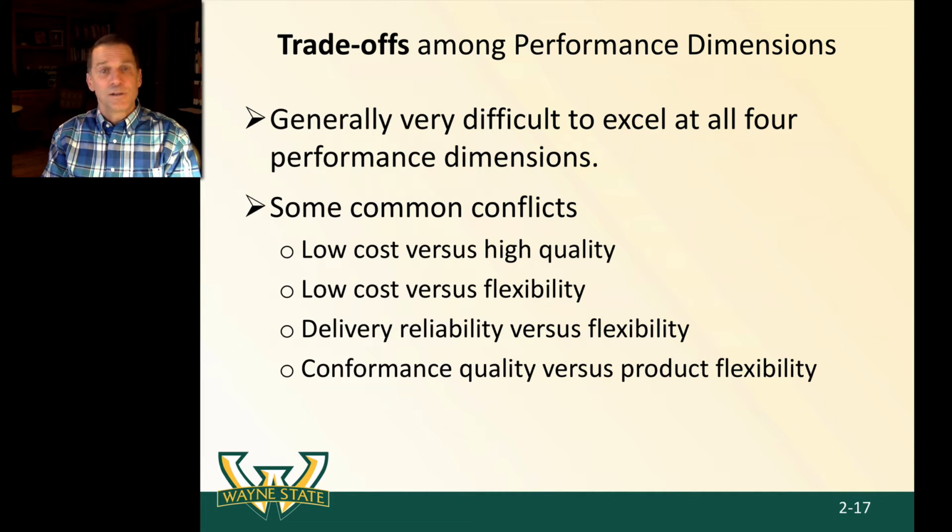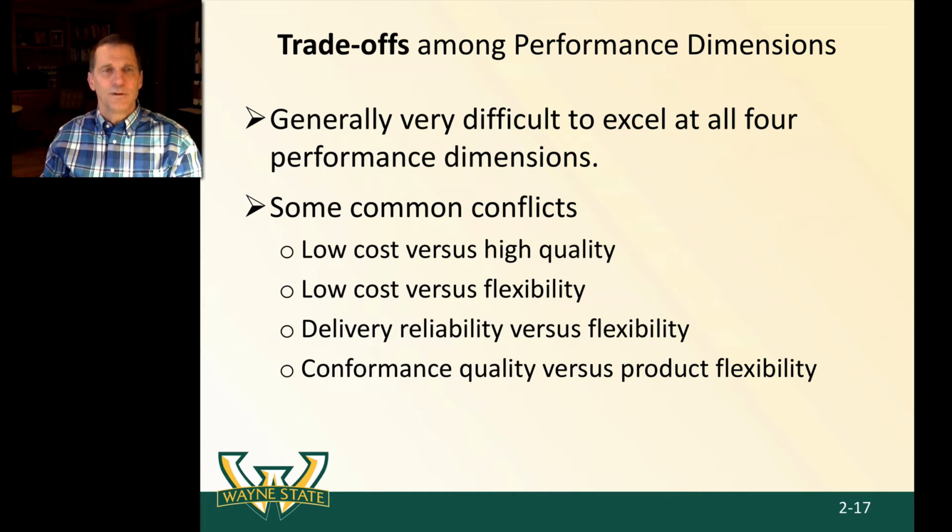And one of the hardest things to do as a management team or as a consultant is to figure out which of all those wonderful ideas we're going to table and put aside, because we need to focus. And there's always trade-offs that actually help us to put things aside. It's very difficult to excel at all 4 performance dimensions. Some common conflicts include having the lowest cost and the highest quality.